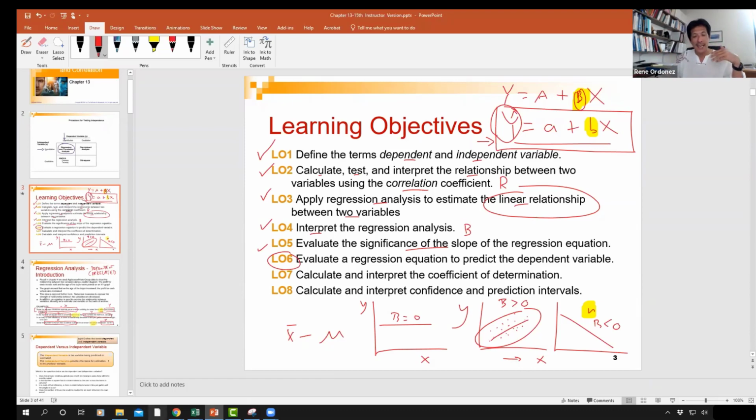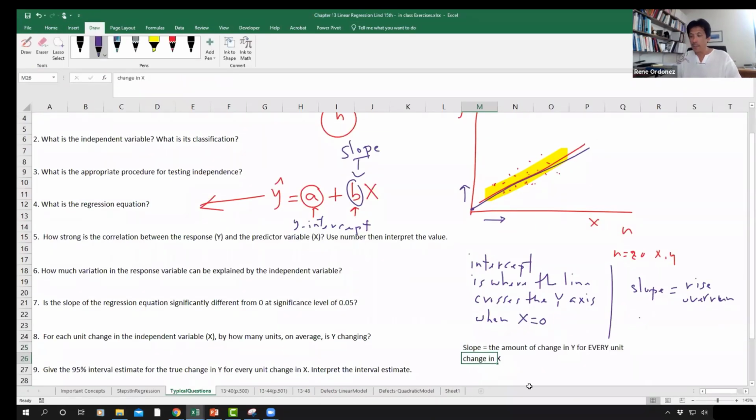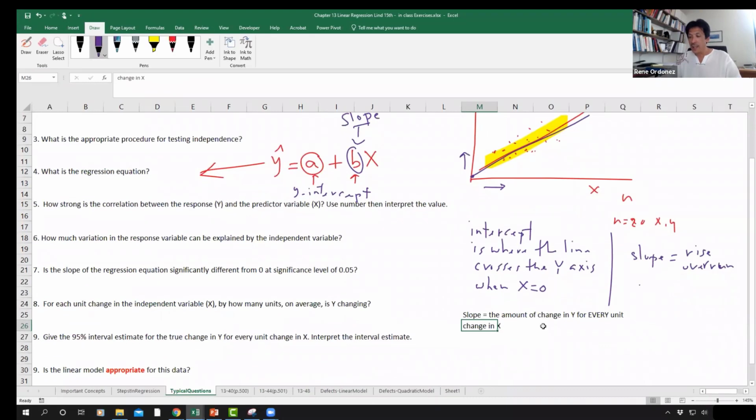Later on, when we look at problem solving, we will be using the more appropriate descriptor, depending on what we see in terms of the relationship between x and y. Okay, are we clear so far?